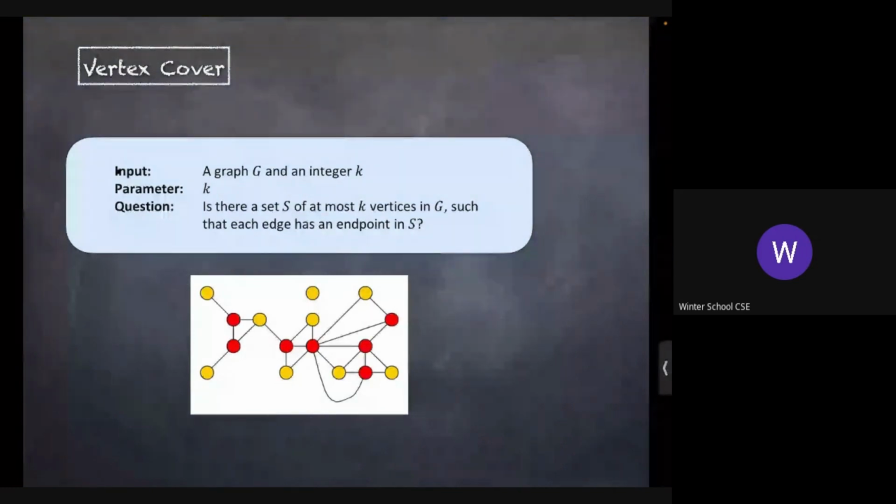Vertex cover again, our favorite problem, and you can also ask me why I always speak about vertex cover. I was speaking about branching algorithm for vertex cover, and actually the answer here is very simple. First of all, vertex cover looks like it's the Drosophila of parameterized algorithms. It's an NP-complete problem, but if you look at all NP-complete problems, not all of them are equal.